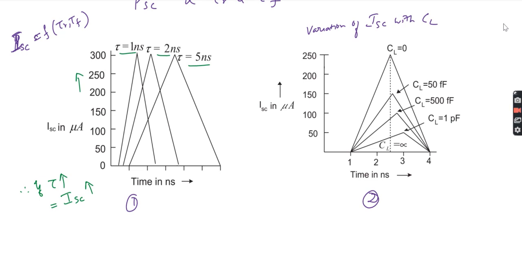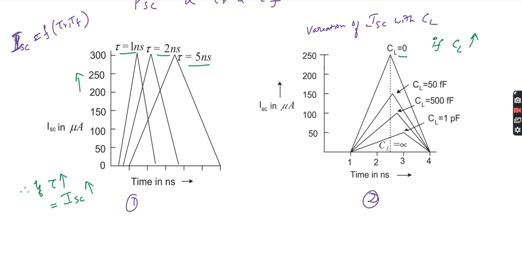The second observation you can see is based on CL, the load capacitance. Initially CL is equal to 0, we have not done anything.